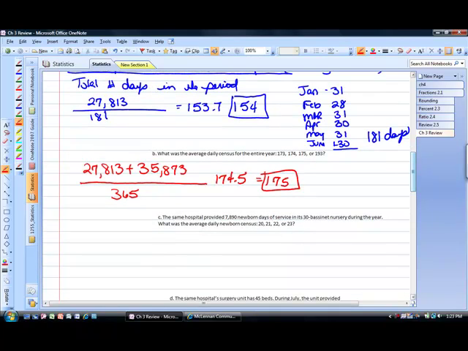If the same hospital provided 7,890 newborn service days in its 30 bassinet nursery during the year, we need to calculate the daily newborn census. In order to do that, we take newborn inpatient service days for the period over the total number of days in the period.